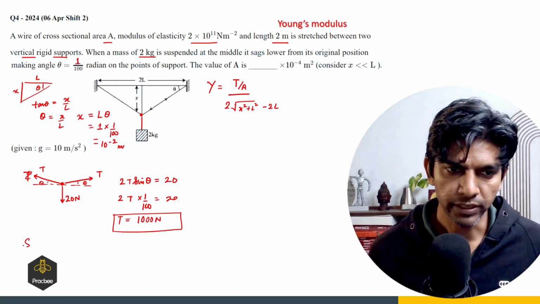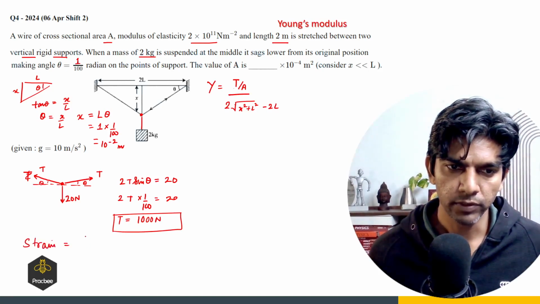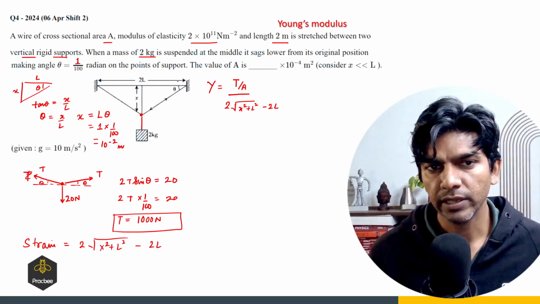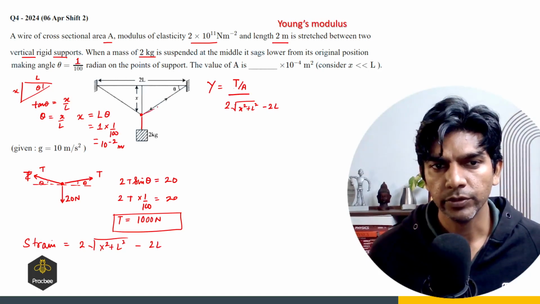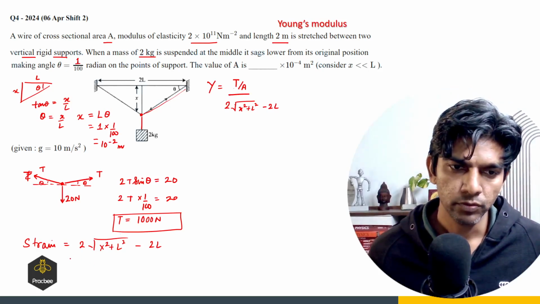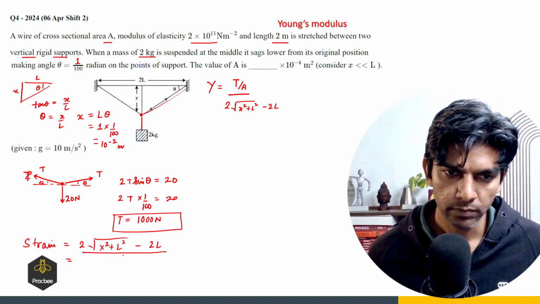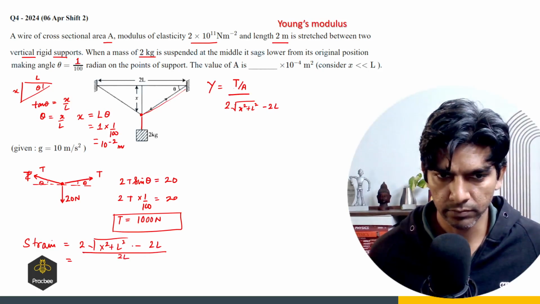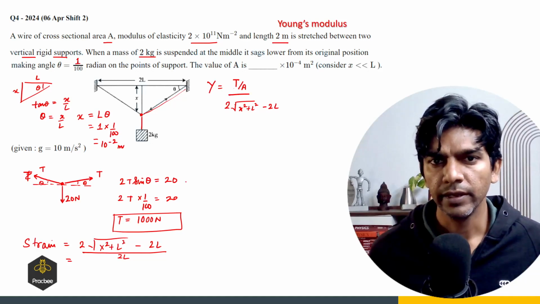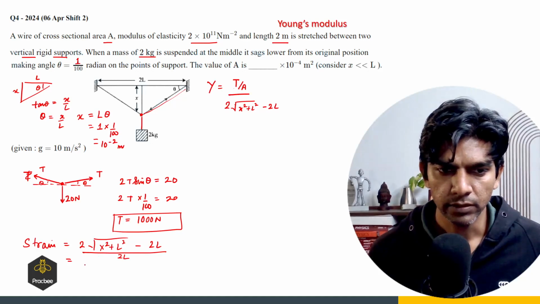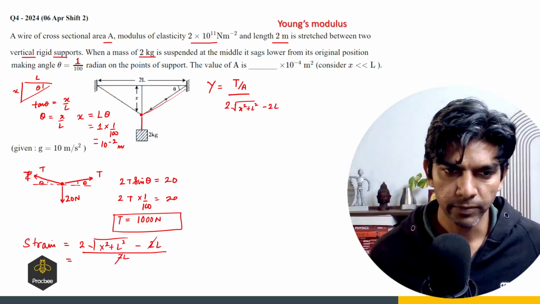Now let us find the strain. Strain will be 2 times root of x square plus L square minus 2L, because the length of the string is 2L and this hypotenuse is root of x square plus L square, and twice of that will be the new length. This will be divided by the original length. Let us take L common, and L is nothing but 1, so 2 will get eliminated.